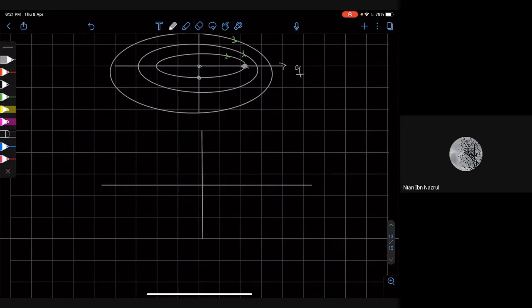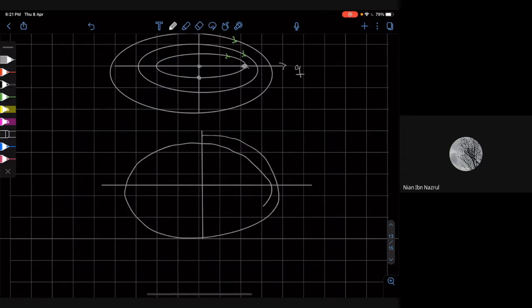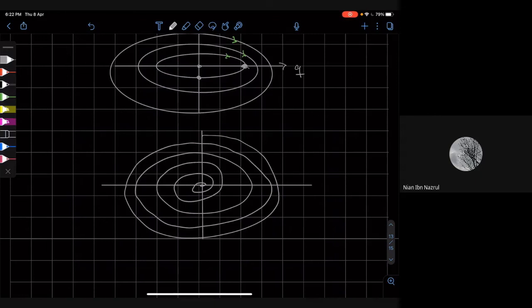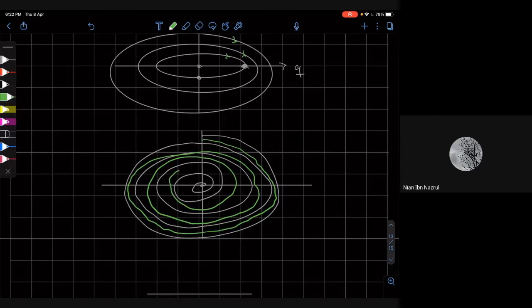So this should be like this. Okay. And there's a lot of damping I put in. Okay, any more questions?